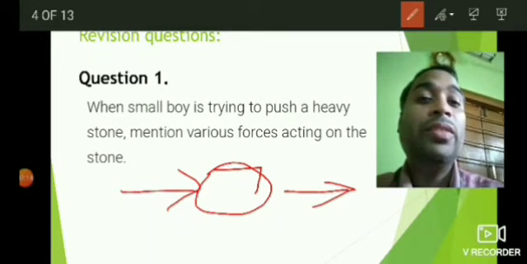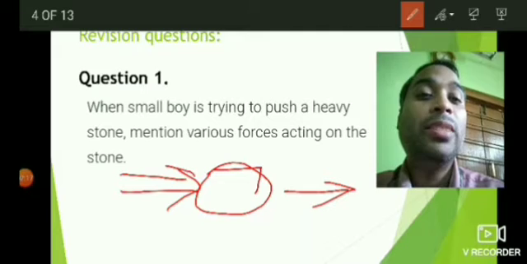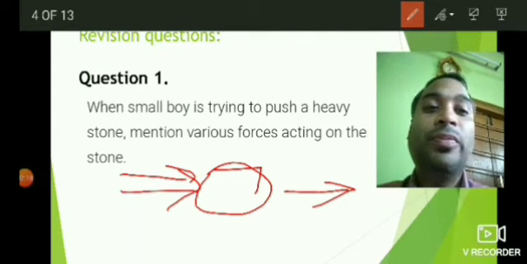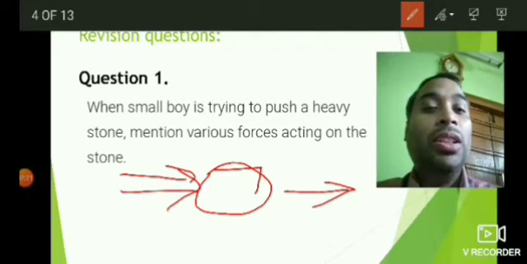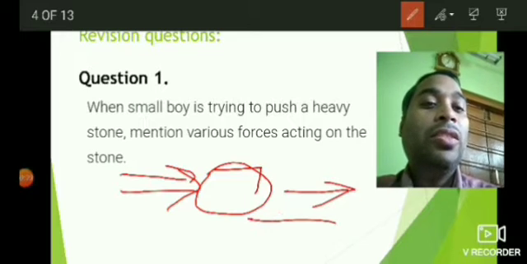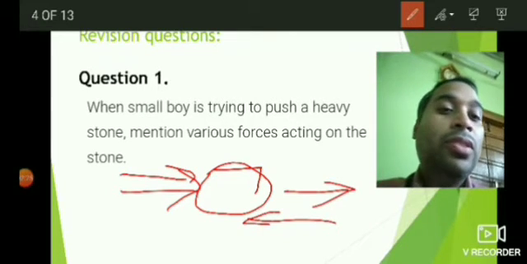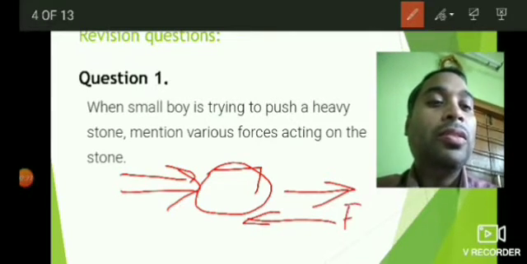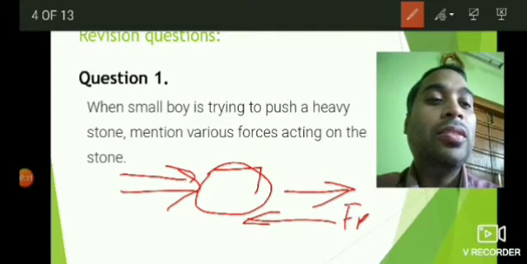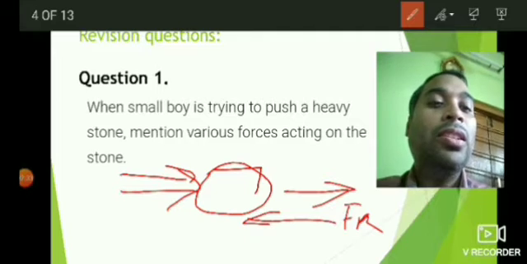Now clearly first is the force which is exerted by the boy on the stone. Then we know the frictional force, it always acts opposite to the applied force, so this is frictional force. Let us denote this with FR.